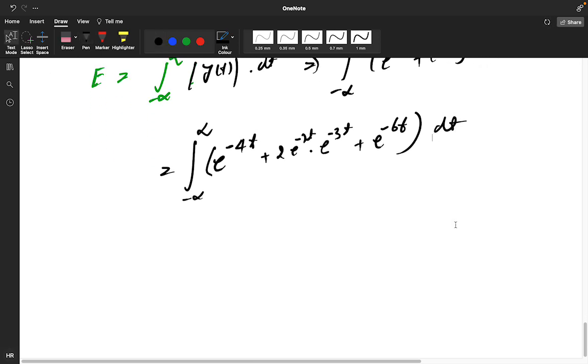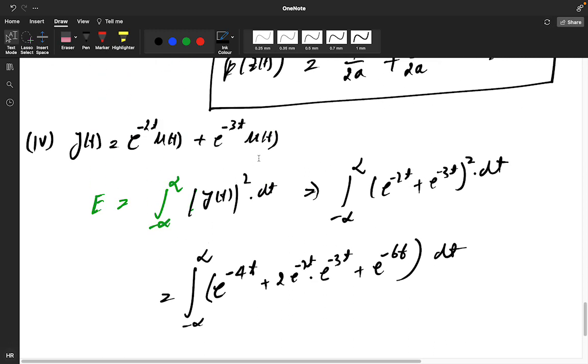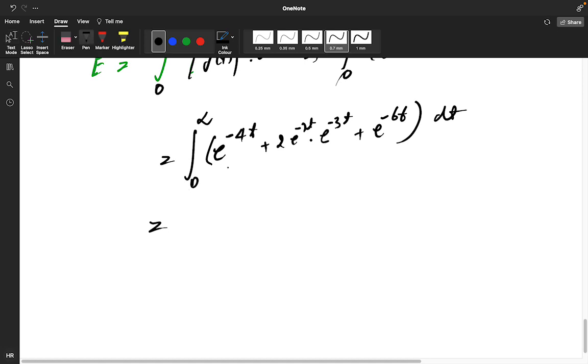Now integrate it. Here the u of t function is there, so the signal is starting from 0. If you integrate it, you get minus 1 by 4 e power minus 4t from 0 to infinite.